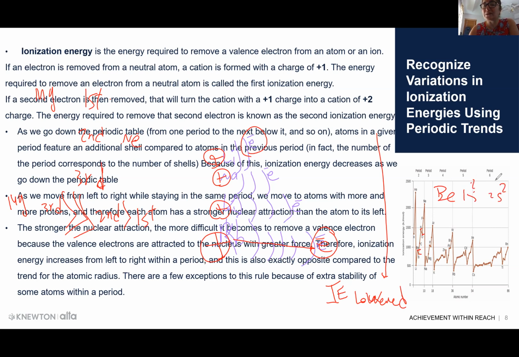This is a filled orbital. But when you go to boron, you have 1s2, 2s2, 2p1. Removing an electron from a filled orbital is harder than removing from an unfilled orbital. For a p orbital, if you have 3 electrons in there, it is called half filled. If you have 6 electrons in there, that's full.